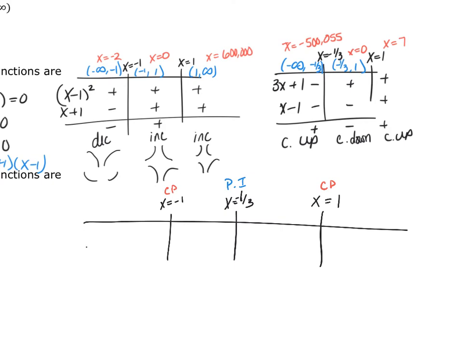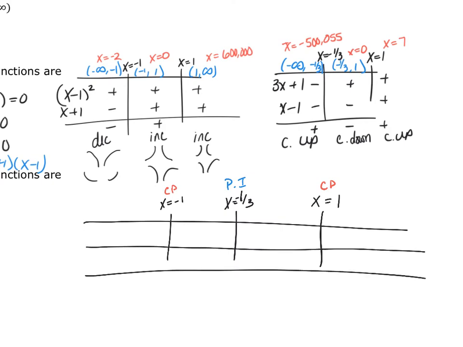So I have my f and f prime. For f prime of x, in the interval from negative infinity to negative 1, that was negative. And from negative 1 to 1, that was positive.